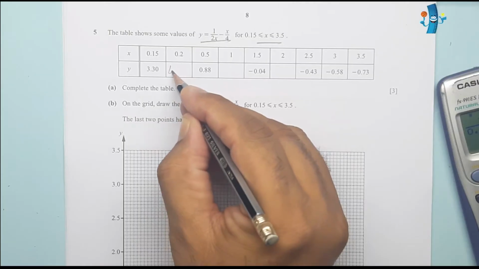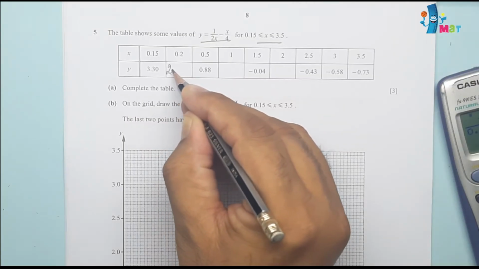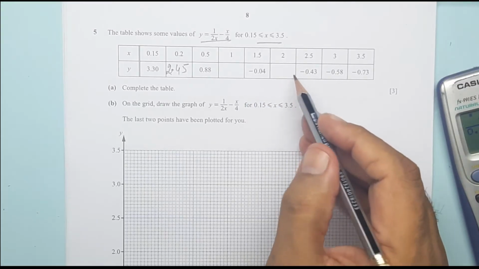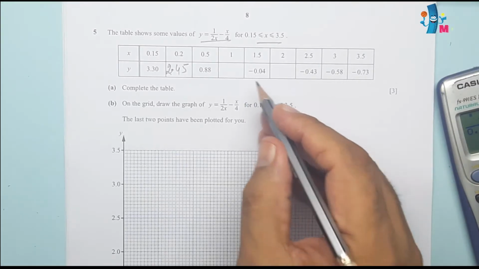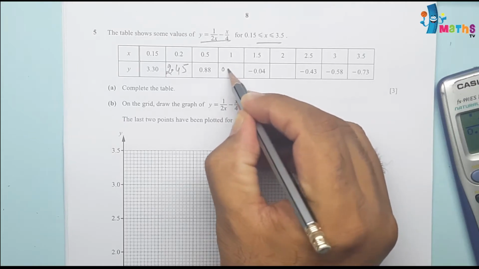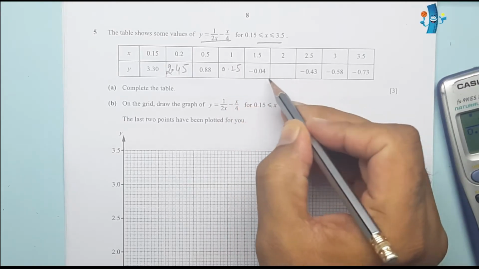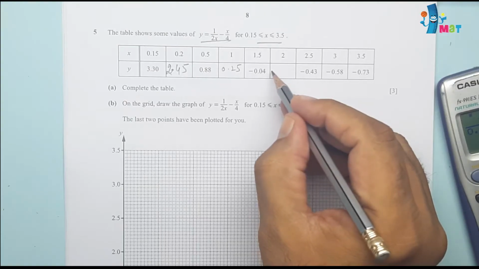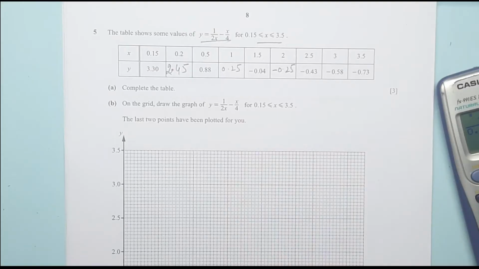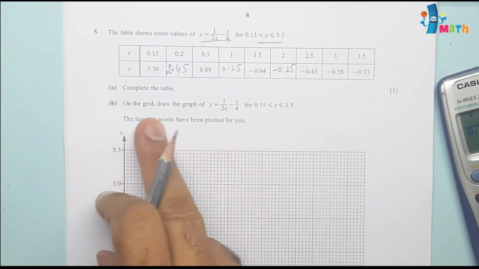So I will write 2.45 here. For the rest of the values you can use a calculator and replace similarly. For this one you will get 0.25, and for this one minus 0.25. I've just saved time so the video is shorter, so you can practice these.